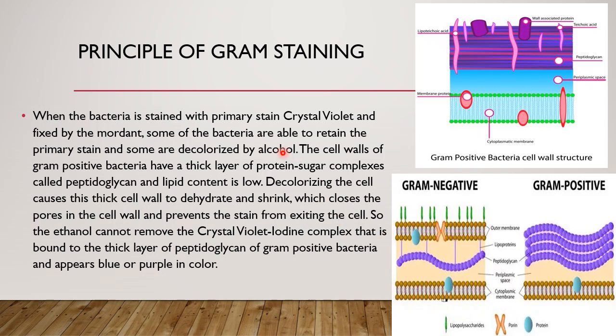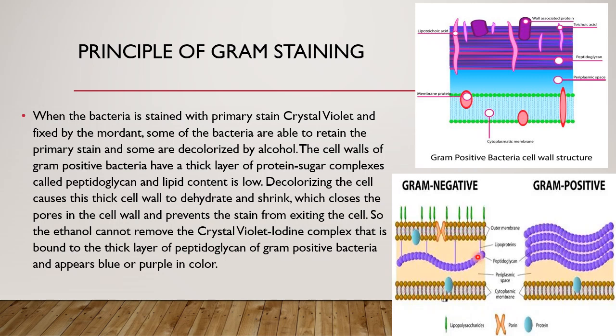Now coming to the principle. When the bacteria is stained with the primary stain crystal violet and fixed by the mordant, some of the bacteria are able to retain the primary stain and some are decolorized by alcohol. The cell walls of gram positive bacteria have a thick layer of protein sugar complex called peptidoglycan, and lipid content is low. In the staining procedure we first use crystal violet.